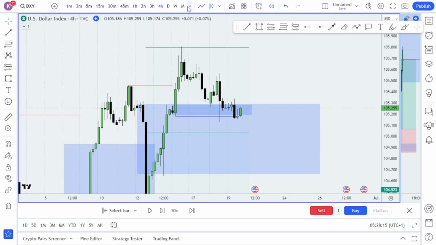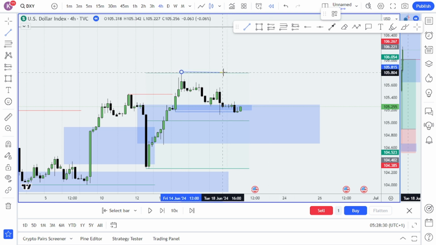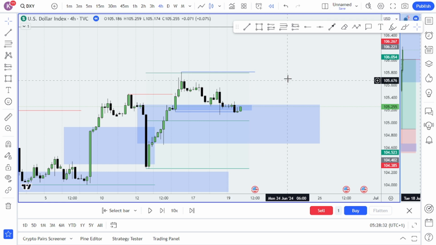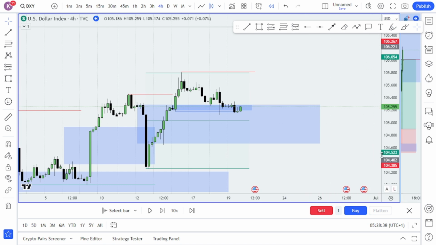But one thing you should know is that when price got into this big block, it's actually a daily level. It's going to be red. No, sorry, not yet a daily level, right? Or is it? Yes, it's a daily level. Make it red. Can you see that?